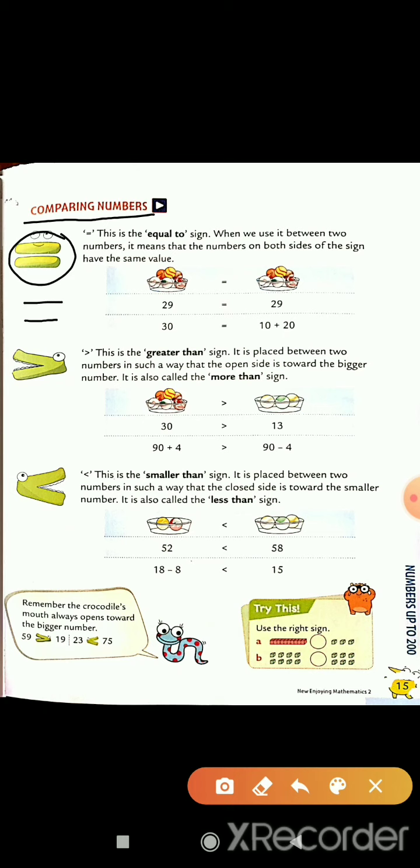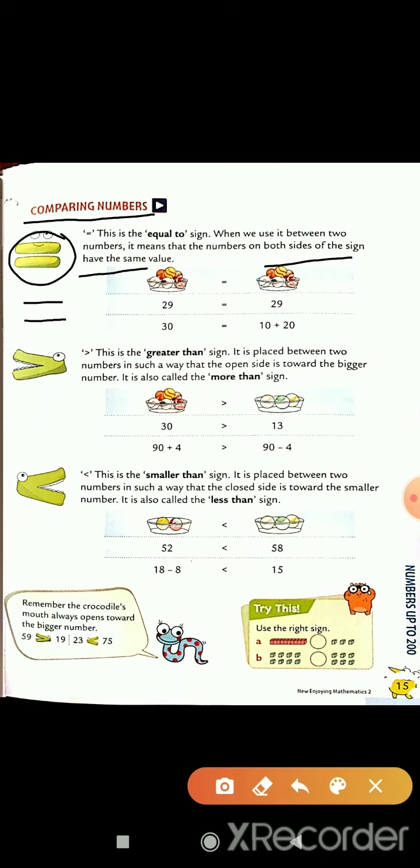When we use it between two numbers, it means that the numbers on both sides of the sign have the same value.